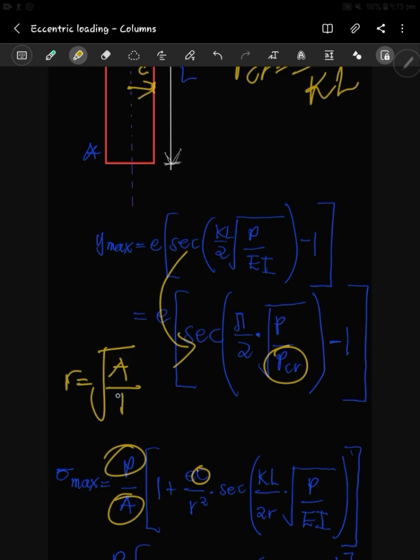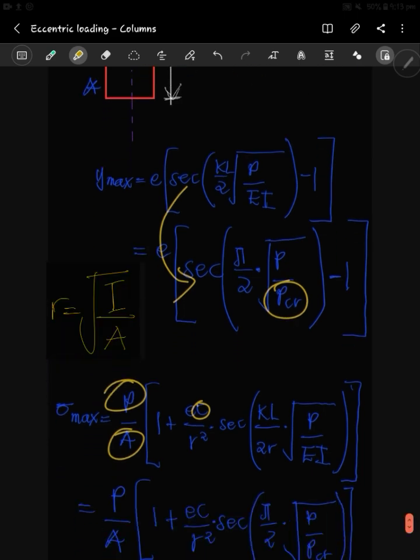If you don't see it directly, you can find it from these two, and we say R is the radius of gyration. We already know what the sec is: the secant is the reciprocal of cosine, so 1 over cos of whatever you have inside.